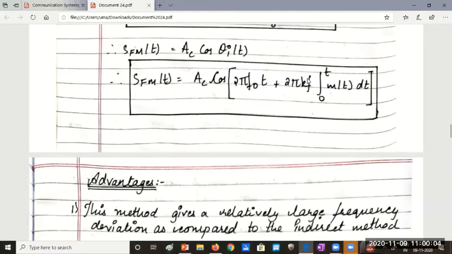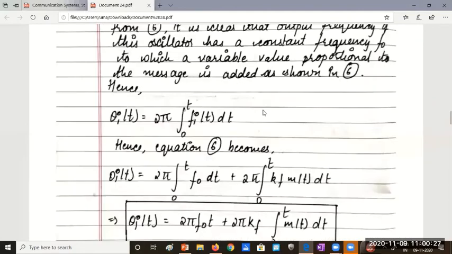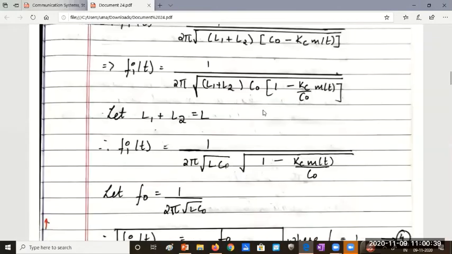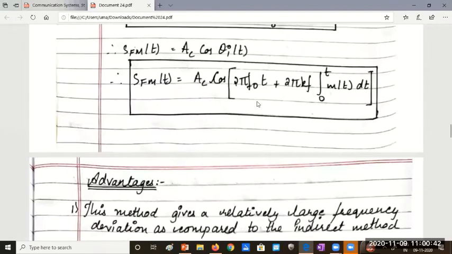So using this, we define the instantaneous frequency of the oscillator and finally the instantaneous angle theta I, and finally the output of the oscillator would be a cosine signal with this instantaneous angle. So we proved that this Hartley oscillator has been able to generate an FM wave, by showing that the output of that oscillator is equal to the standard equation of FM. Is this clear?